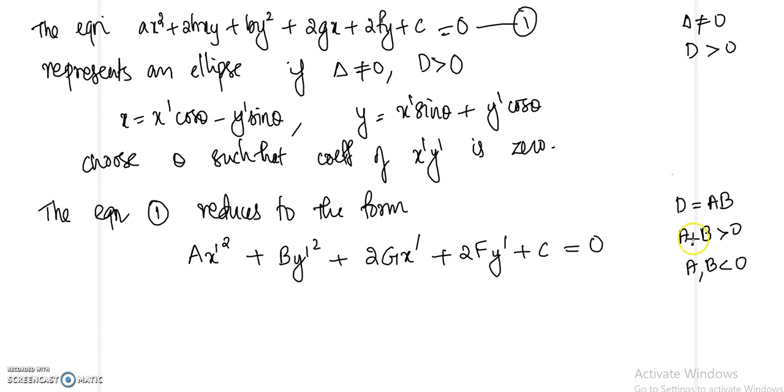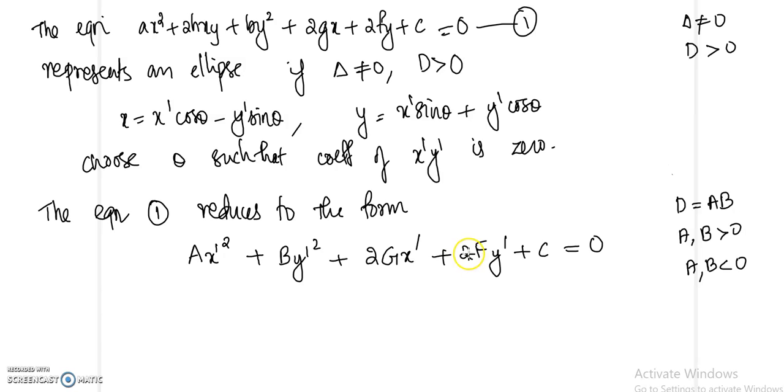Okay. So now let us complete the perfect squares. Here we have an x dash square and a 2x dash term, and similarly a y dash square and a y dash term. So we need to complete the perfect square. So now that will reduce to the form of the equation of an ellipse.